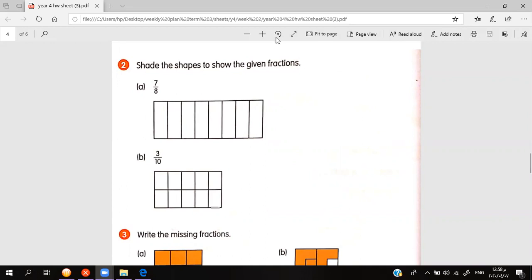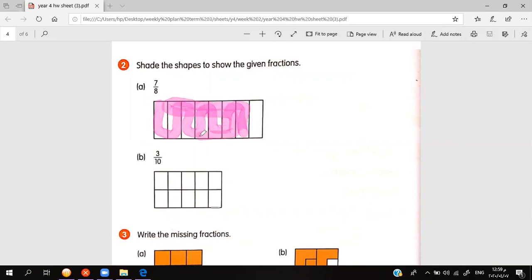Okay, here he's saying shade the shapes to show the given fraction. He wants me to shade 7 from the 8. 7 over 8 means shade 7 from the 8. Okay, so 1, 2, 3, 4, 5, 6, 7. But he wants me to shade till here.